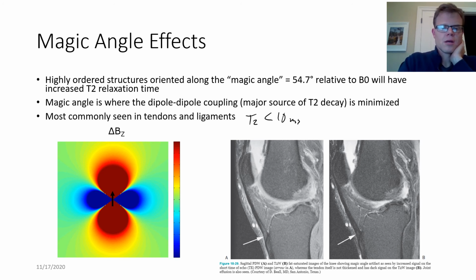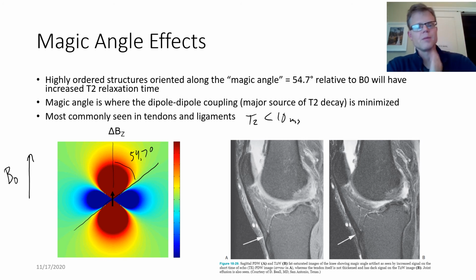And the magic angle turns out to come from the pattern of the magnetic field generated by a spin, by a dipole, and it's going to be this angle right here, 54.7 degrees, where this is the direction of the B0 field.